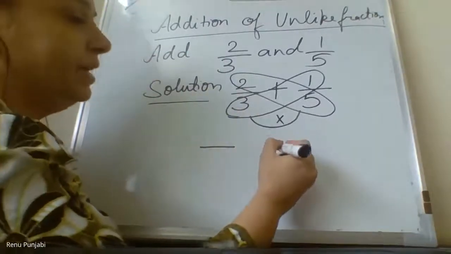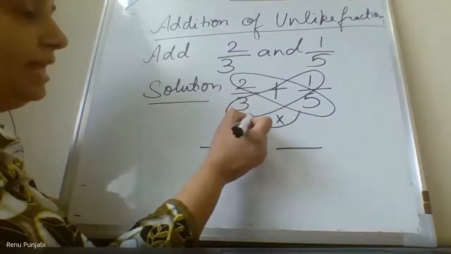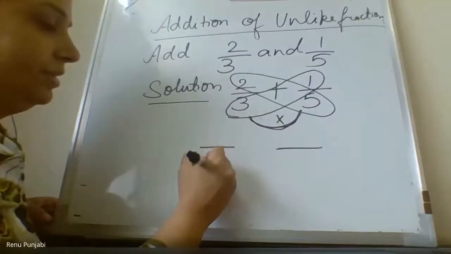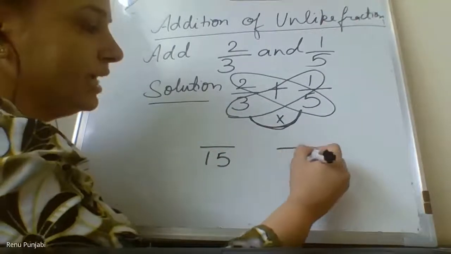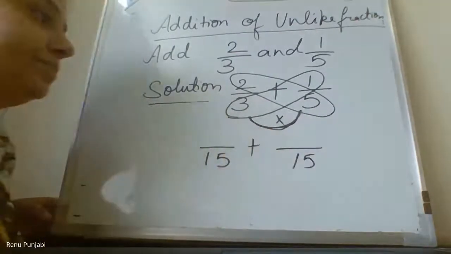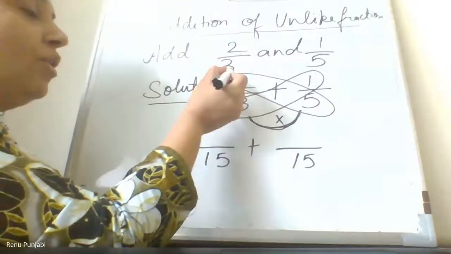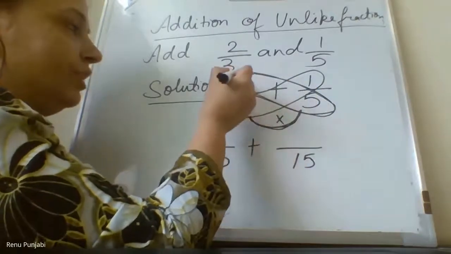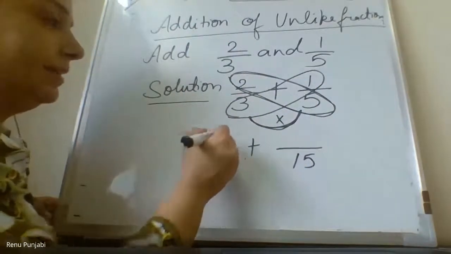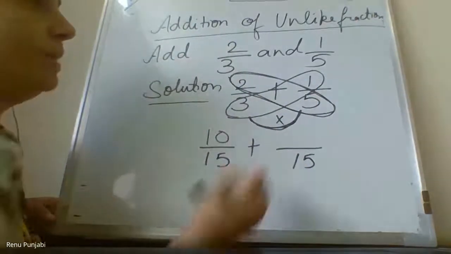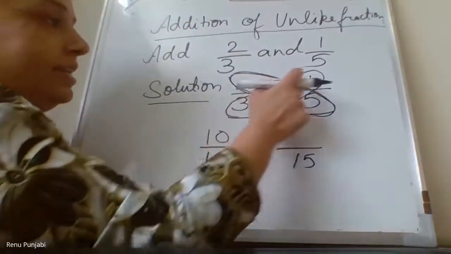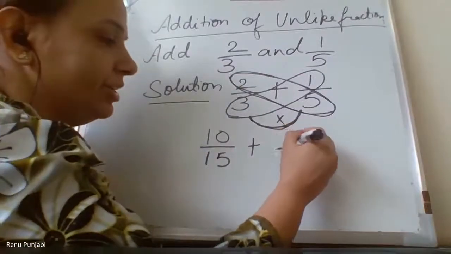For the common denominator, we multiply this with this. 3 into 5 is 15. So we write 3 into 5 on both sides of the plus sign. Now multiply this numerator with this denominator. 2 into 5 is 10. And multiply this numerator with this denominator. That is 1 into 3 is 3.